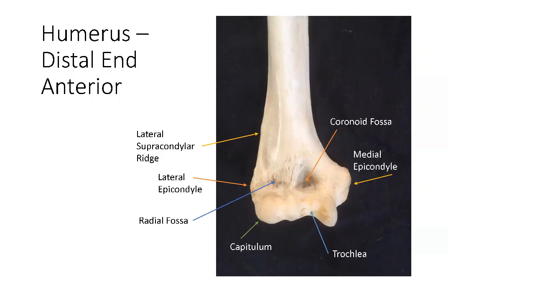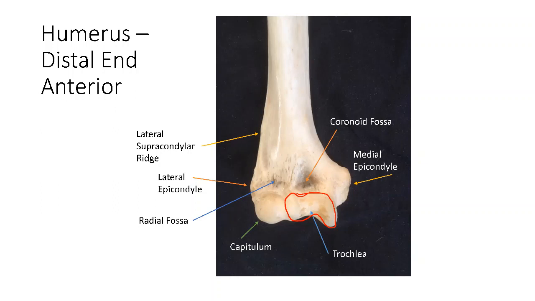The distal end also has a lot going on. Remember, this is where we make the elbow joint. Let's start with the trochlea, which is this landmark. It's a bow tie shaped piece. The name trochlea means pulley, and it kind of looks like a little pulley there. That is for the ulna to attach for the elbow joint.